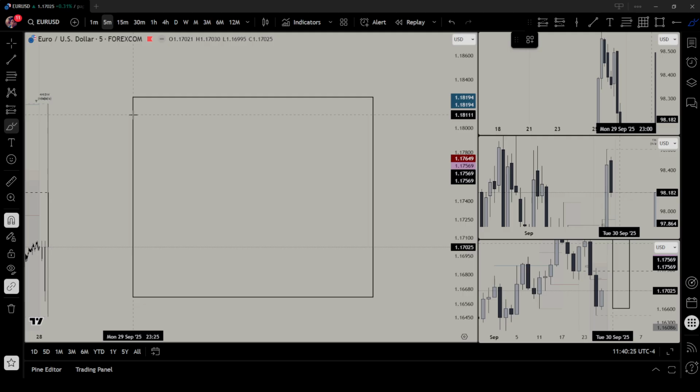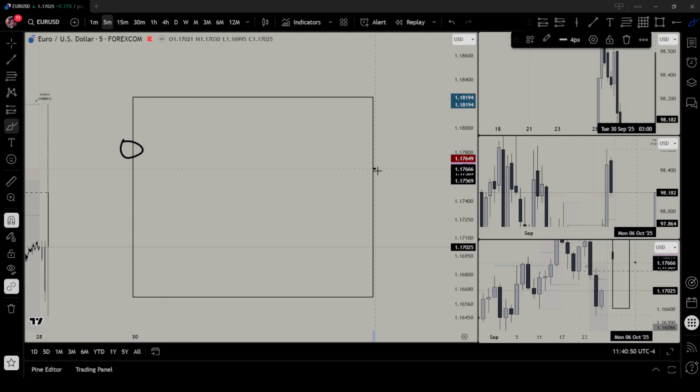Now, candle anatomy, or you could call it open, high, low, close, is very simple and it's very important. Now, the time aspect of the open, high, low, close is very simple, which is the opening time and closing time, right?